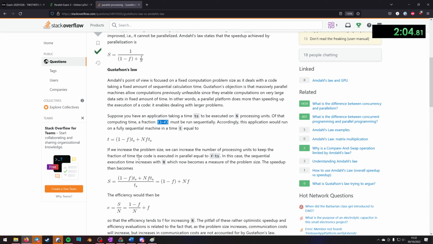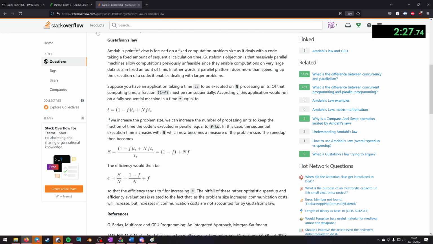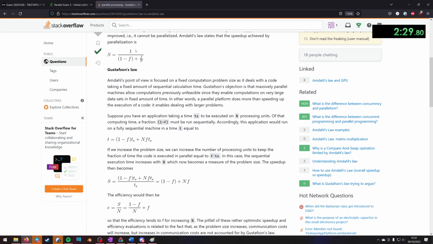So my question is why is this number different from this number for the speed up? I think it says here in the book, it's for the special case that the sequential program has a constant execution time.